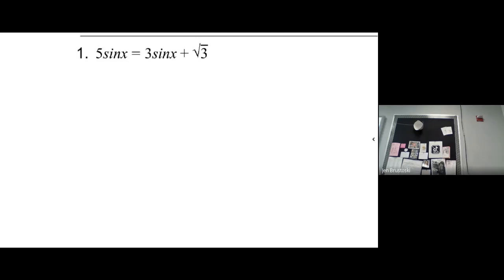Wait, do I have to get the 2 away? Yeah, the same one. We have to get the 2 away from the side. There's not many variations.